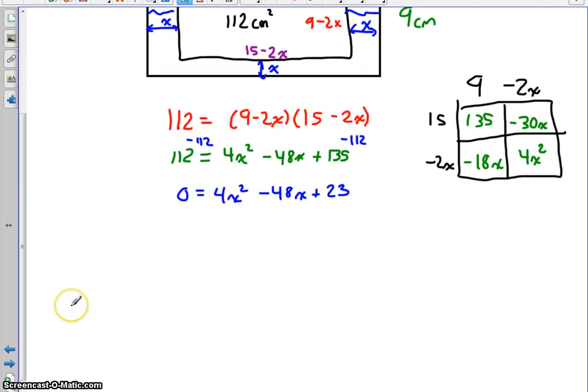So how do I solve this? It's using the quadratic formula, or if it factors, we would factor it that way. So I'm going to see if it factors by calculating my discriminant, b squared minus 4ac. Okay, even if it doesn't factor, at least I've calculated part of the quadratic formula already.